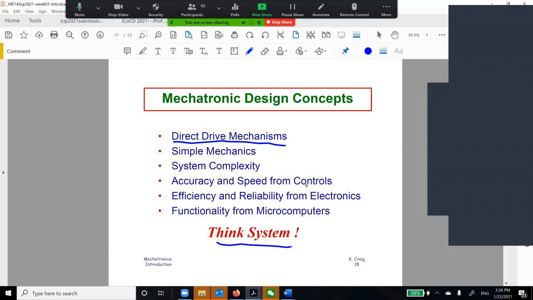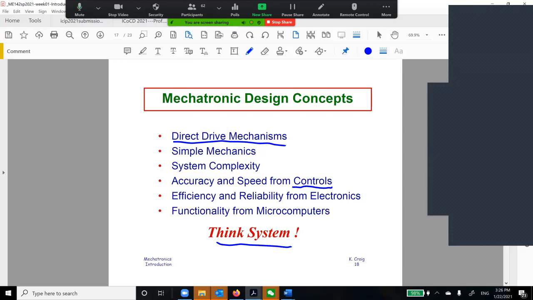And what you can get from controls, okay? Sometimes it is not accurate, but after control, everything is accurate. But control is not a panacea. It's not a cure-all. There are fundamental things that you cannot control to that level of accuracy.